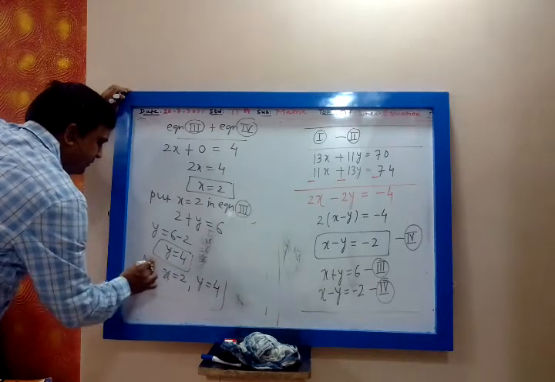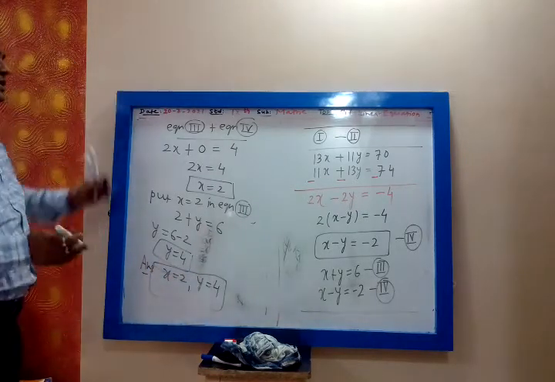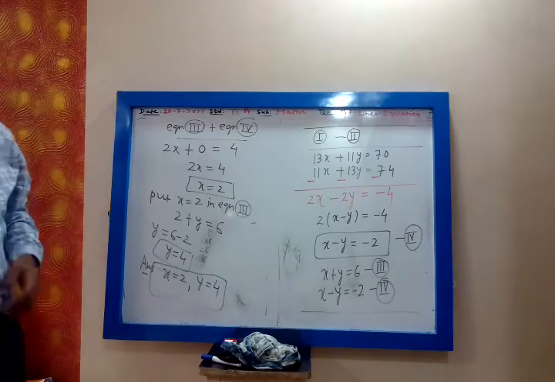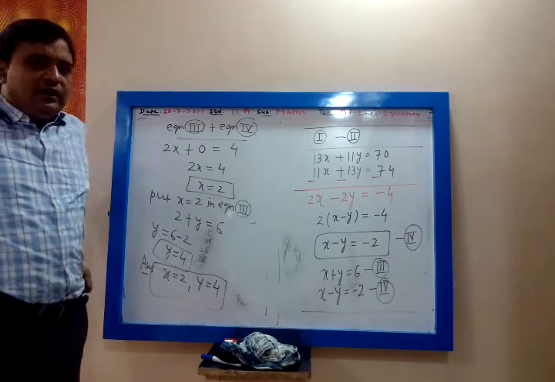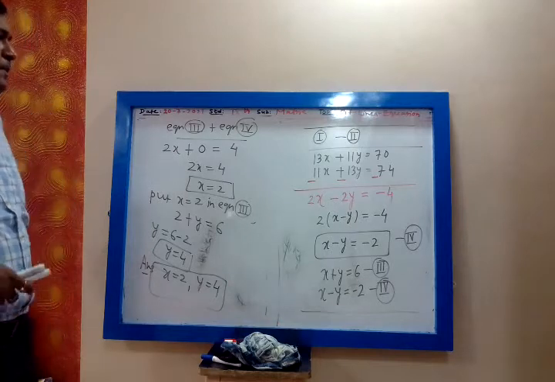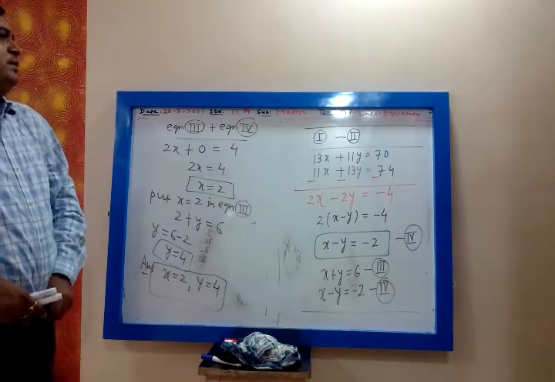So this type of problems you remember, whenever diagonal coefficients are same, you have to get equation 3 and 4. How do we get equation 3? 1 plus 2. How do we get equation 4? 1 minus 2.